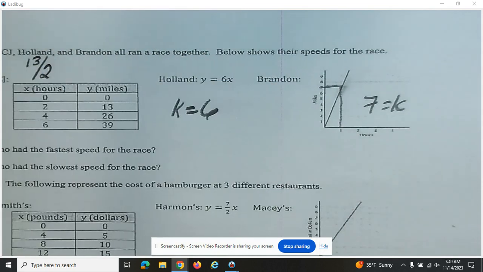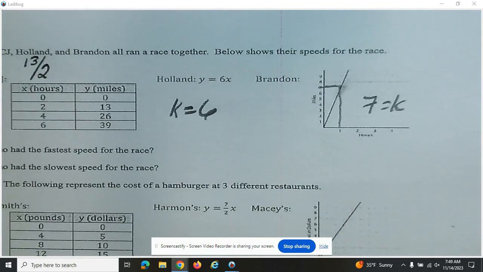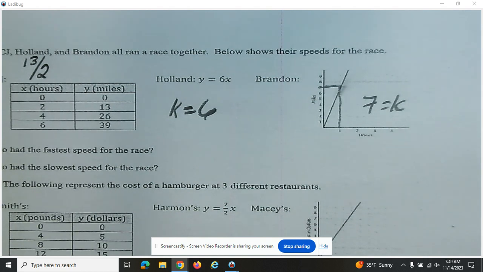Okay, can I hold there for a minute? The way the numbers are right now, I have 13 over 2, 6, and 7. Can I compare them the way they're written right now? Yes or no? No. What do I need to do with that 13 over 2? Change it to a decimal.